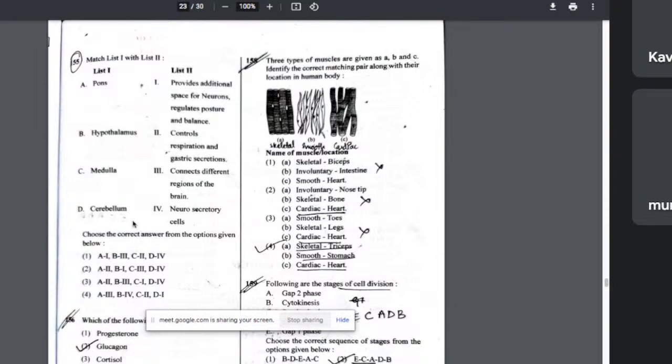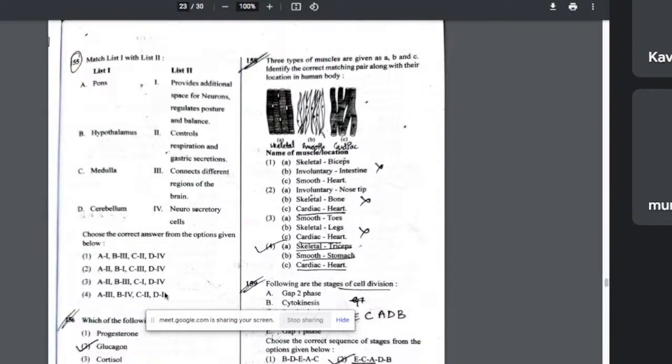Out of these, the easiest one to start with is D. The cerebellum is a structure which regulates posture and balance usually. The moment you know that cerebellum regulates posture, you should be able to narrow down the option, because it is A3, B4, C2 and D1.